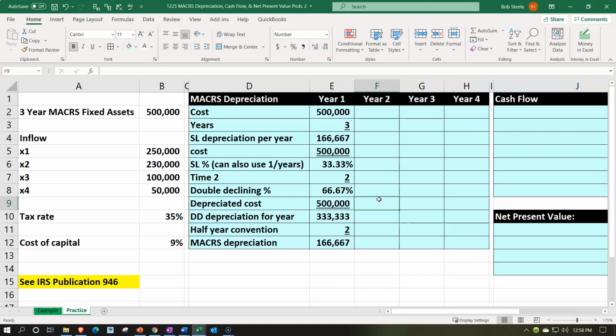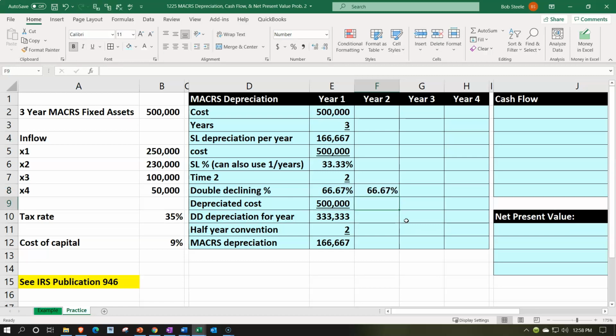All right, so then we're going to go over and say, let's pick up the same percent, which I'll calculate just as 1 divided by the 3 here. Let's do that this time. Making that a percent, numbers group, percentify, and there we have that. Actually, I'm sorry. Let's just say this is going to be equal to the 66.67, or you could say it's 1 divided by 3 times the 2, if you want to do it that way.